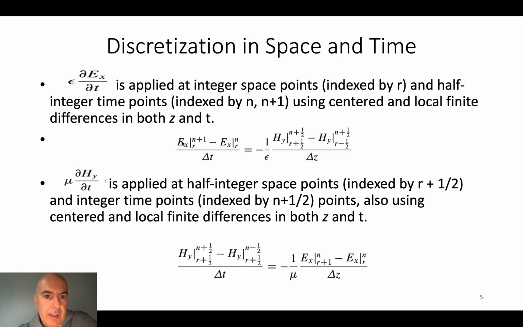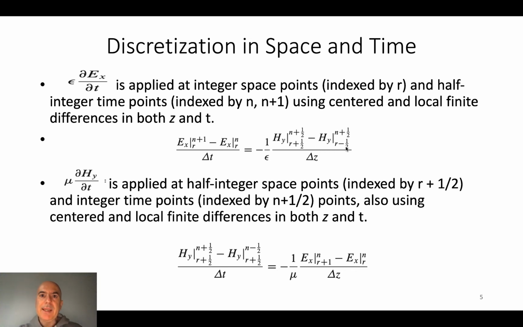We have the electric field component x that is defined at the integer position and integer time level, as you see, r and n plus 1 and n. Its derivative is calculated at half integer points, both in space and in time. So we have, in this case, r plus 1 over 2 and r minus 1 over 2.